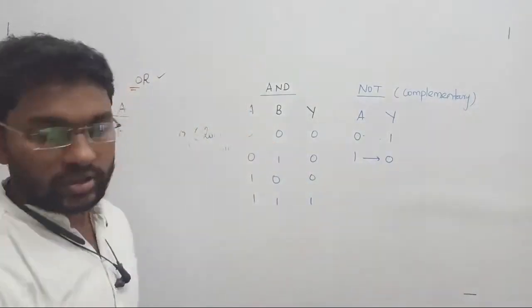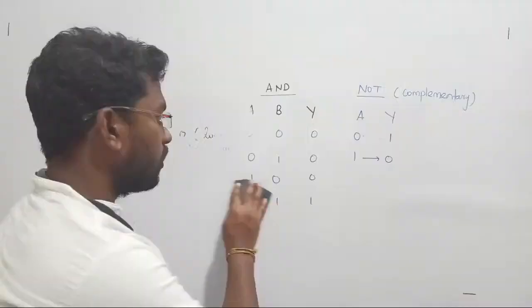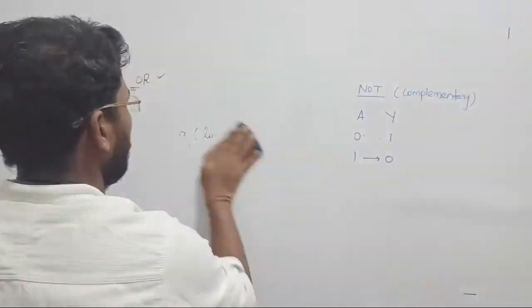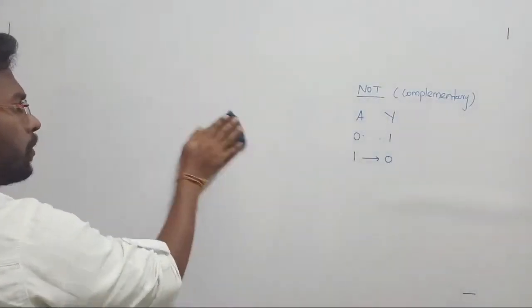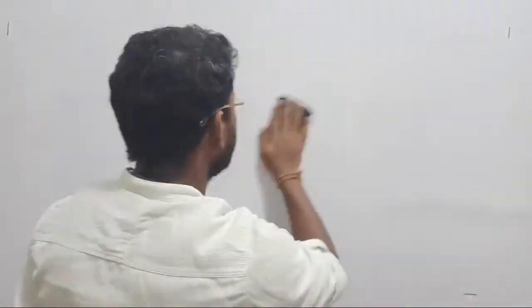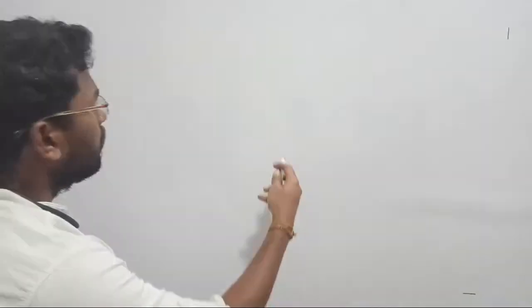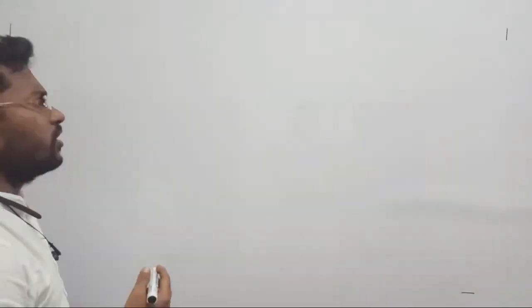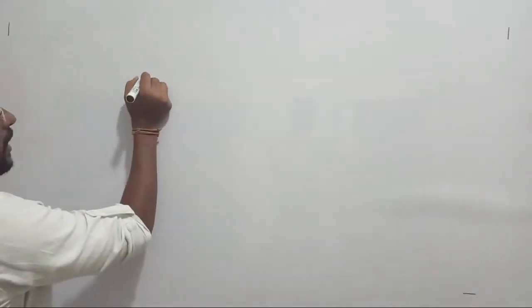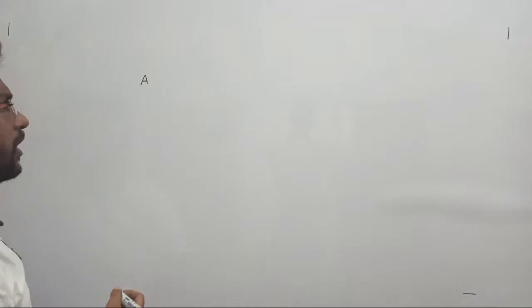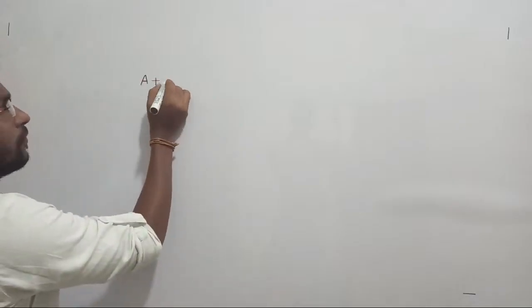Let's continue. So these are the AND, OR and NOT operations. Next, let us take some of the properties. Suppose I have an alphanumerical variable A and it will be added with 1.